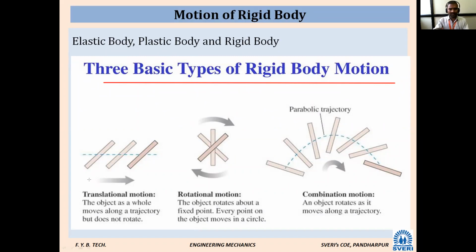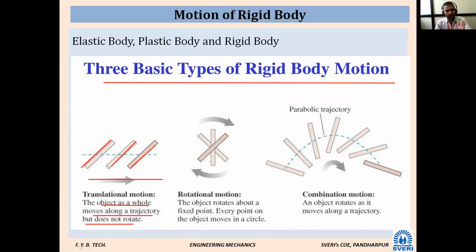One is translation. See the translation. इधर एक body है. This is a body. From this point to this point, it has come. So it has changed its position. See what is written. The object as a whole moves along the trajectory, but does not rotate. अभी body rotate हो रहा है क्या?